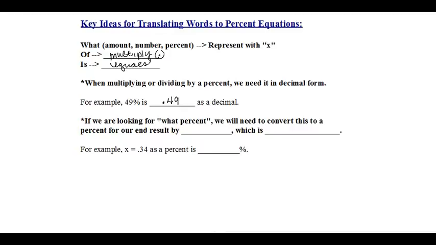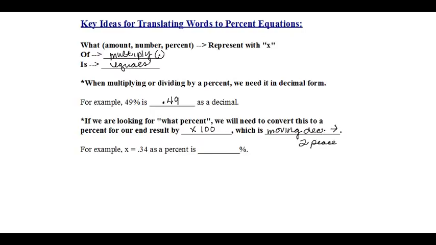And if we're looking for what percent, we will need to convert this percent for our end result by multiplying by 100, which is the same thing as moving the decimal to the right 2 places.